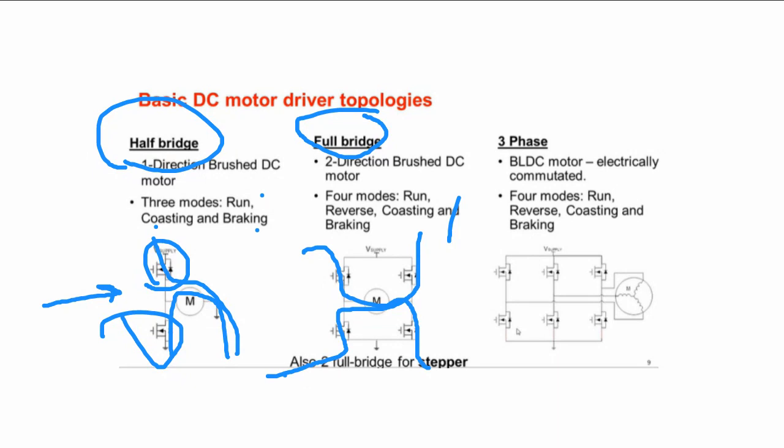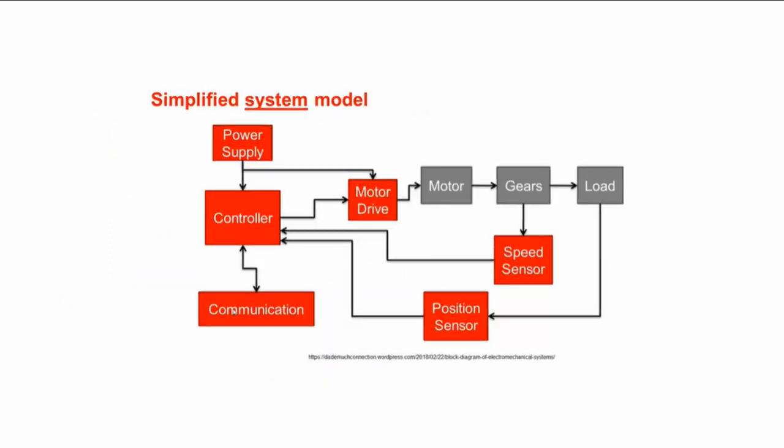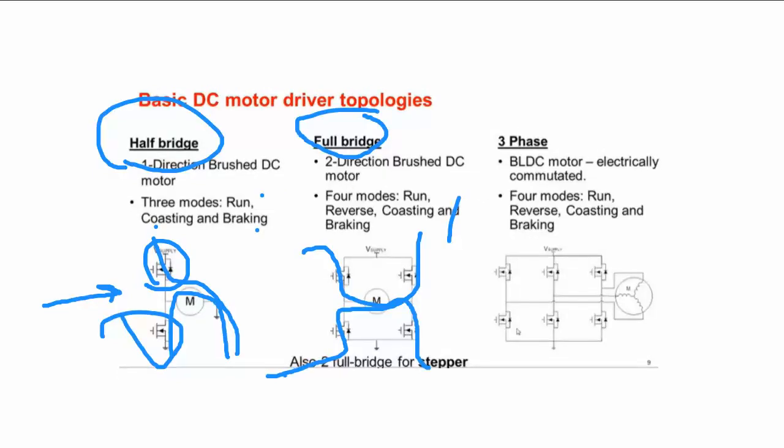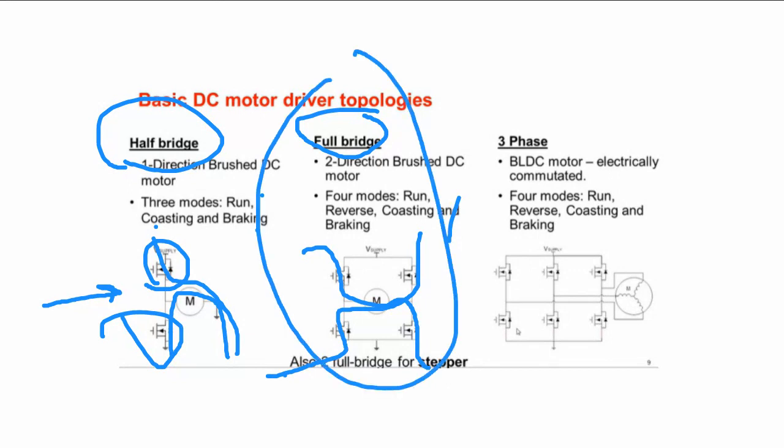If you look at a stepper, it basically is made up of two full bridges. Actually, a step motor has a more complex circuit diagram, not this one. Two full bridges combined is what makes a stepper motor driver. So it's just an extension of this full bridge.